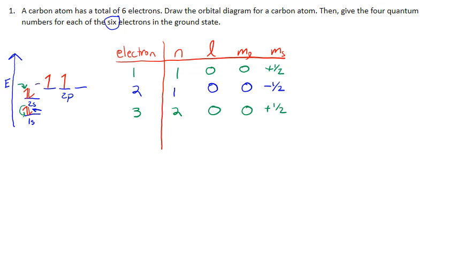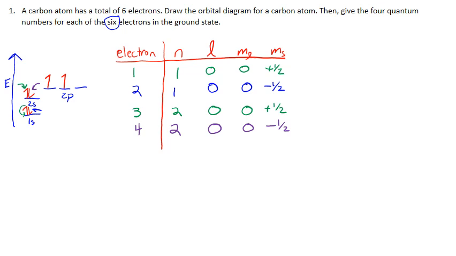Alright, electron 4, I'm pointing to with the purple arrow. Electron 4 is in the n equals 2 level, s orbital, so l is 0. If l is 0, m sub l has to be 0, and now it's spin down, so -1/2.